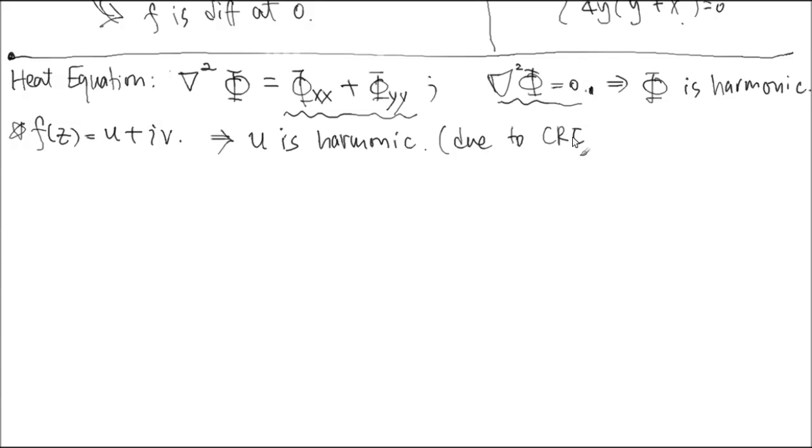Cauchy-Riemann equation, right? Cauchy-Riemann allows you to swap that, and eventually we used Clairaut's theorem. Is that right? How about v? v is also a harmonic function. Correct? Yeah. All right, that's good.